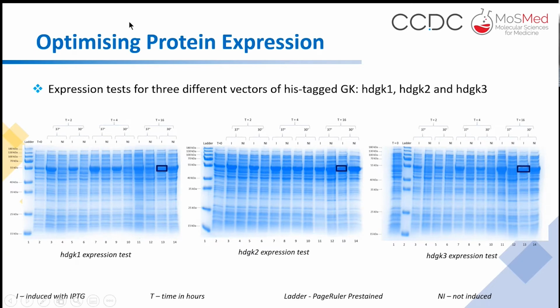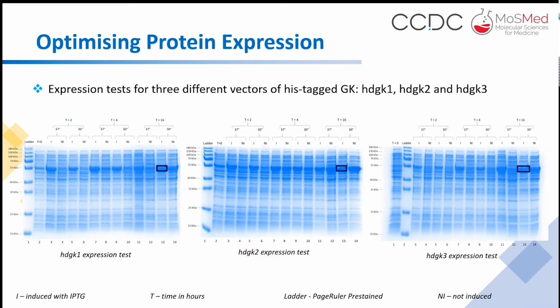As you can see, the protein is around 52 kilodaltons in size, so it's located around here. For all expression tests, I got my protein to express. The time and the temperature didn't seem to have that much of an effect, but IPTG had to be used to get a higher yield.